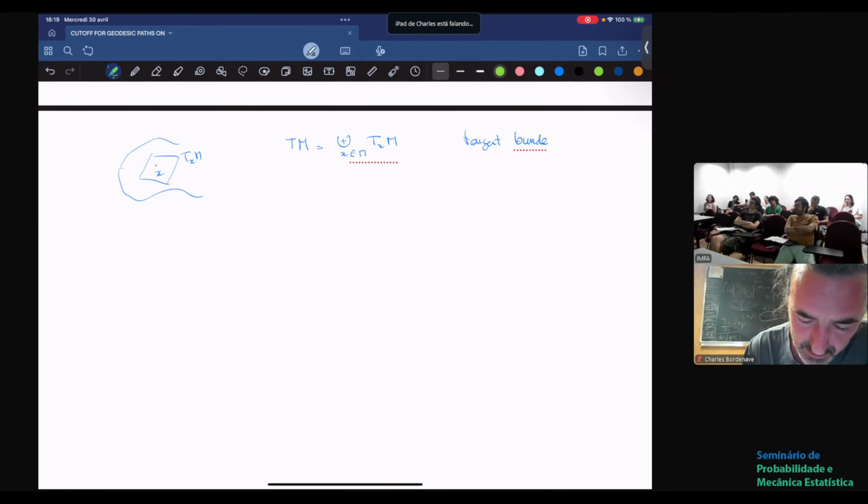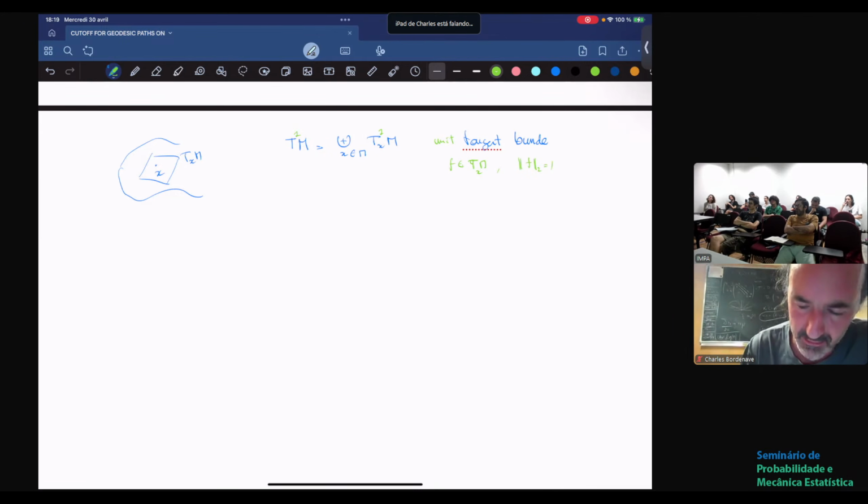And we will consider the unit tangent bundle. So what does it mean? We consider vectors in T_x M, vectors of Euclidean norm 1.